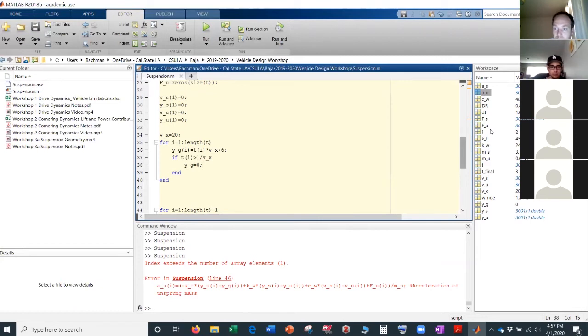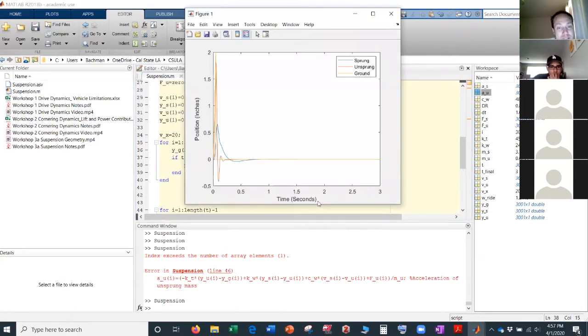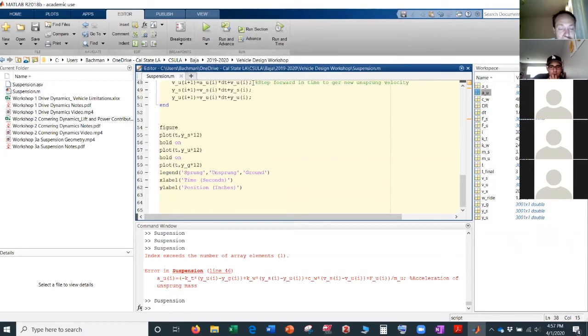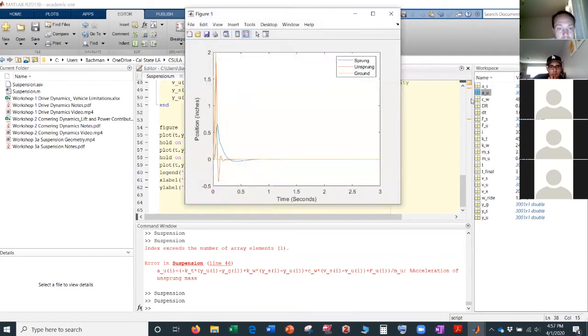So it looks like my y of g did not run. Oh, y of g of I. Let me replot this. Oh no, it should have run. So why does my y of the ground go so high?